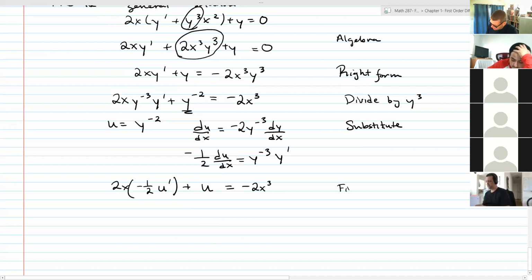Now it's a first order linear DE. It's a DE in u, but that's okay, it doesn't matter. Same methods. So now we get negative x u prime plus u equals negative 2x cubed.